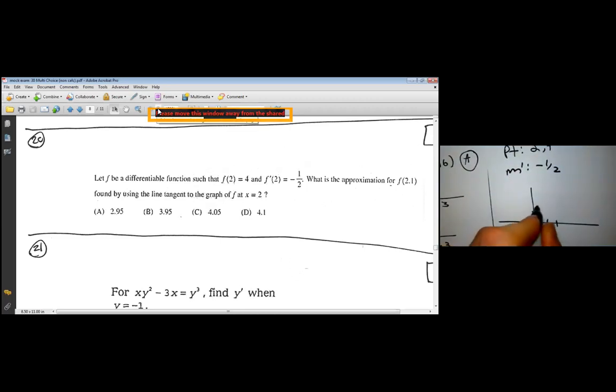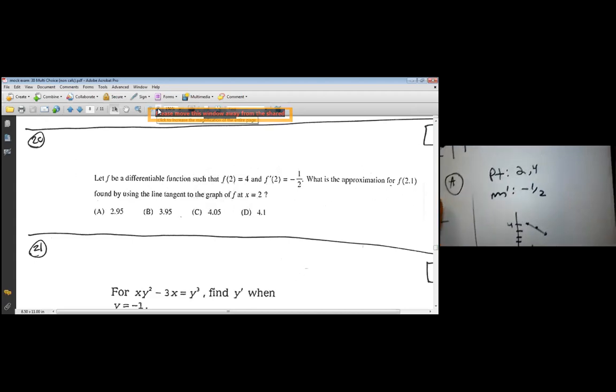So we have this point 2, 4, and we know the tangent slope running through here is negative. If it's a negative tangent slope and 2.1 is super close to 2, shouldn't 2.1 be something super close to 4 but below it since the tangent slope is negative? I'm going to go with choice.